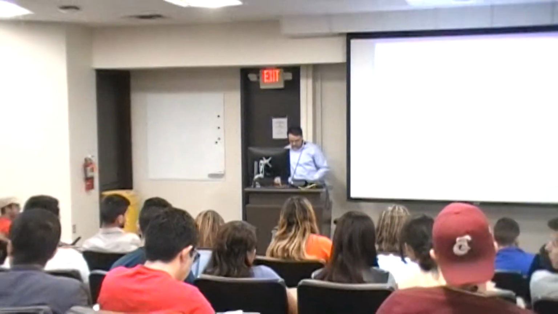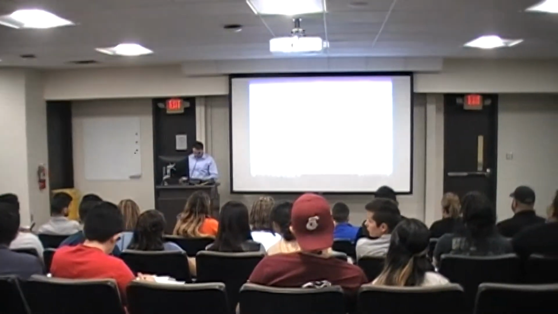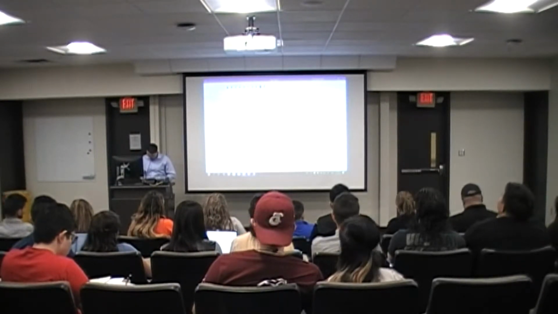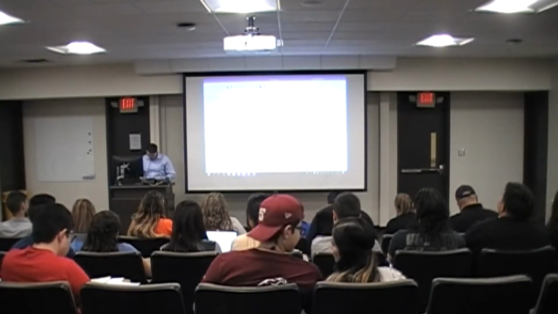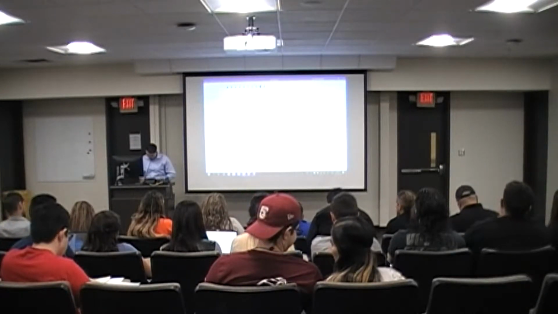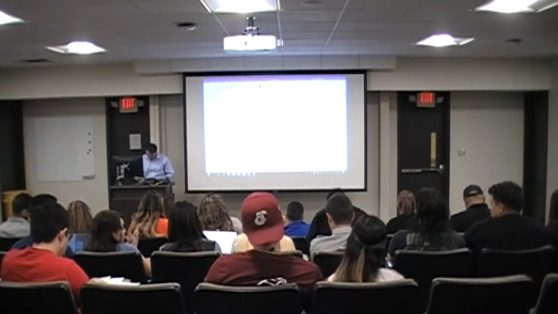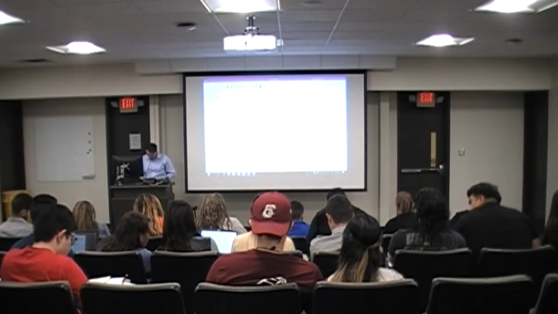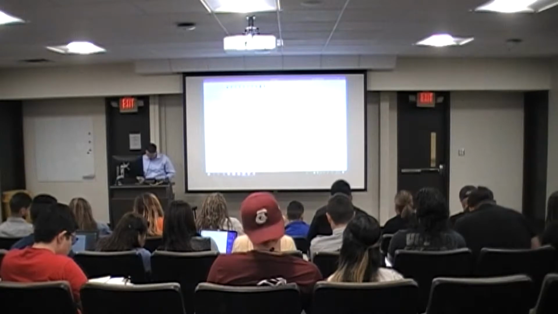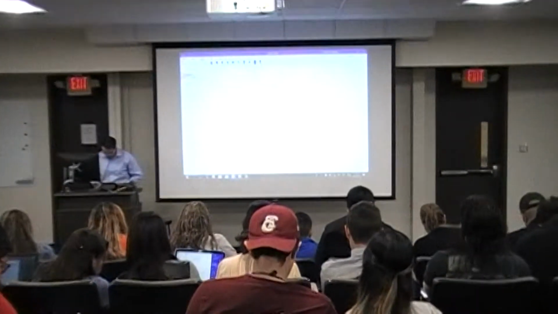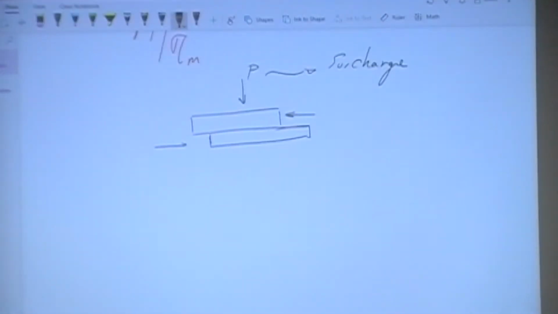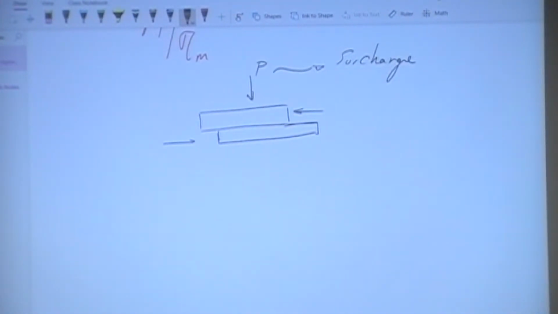But let's quickly talk about the parameters there and how we can get the C and phi values in general. All right, so let's quickly take a look at our direct shear test. It consisted of 2 stages of loading. We call this P as surcharge, or your normal stress in this case, if you will.